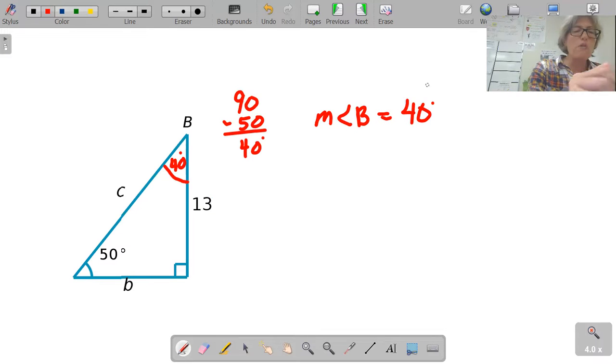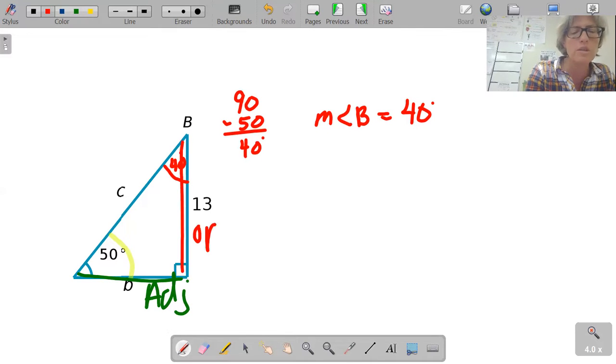Now, if we were to solve for B, you have to choose an angle to work with. I'm going to work with the angle that we originally started with, which is 50, which would make B the adjacent, 13 the opposite, and C the hypo.